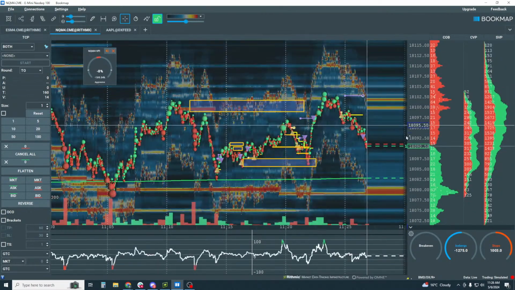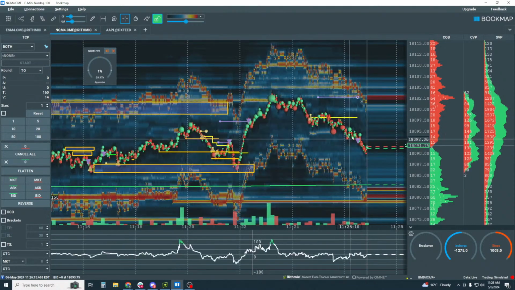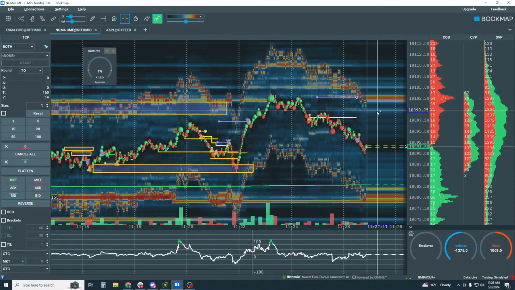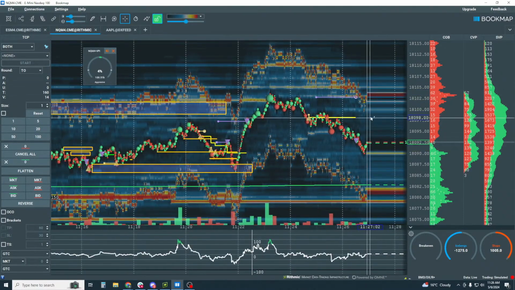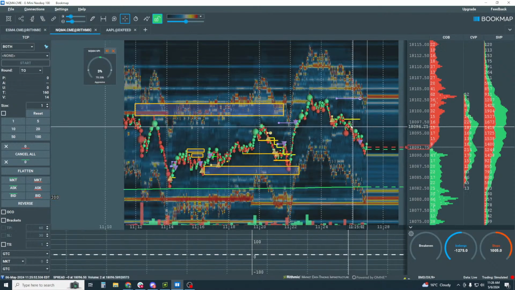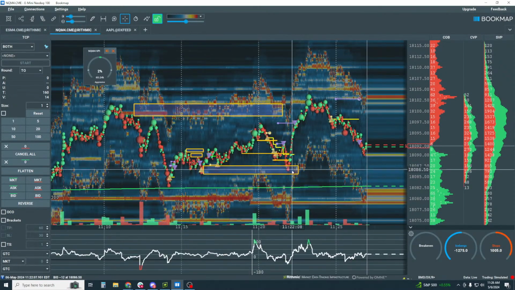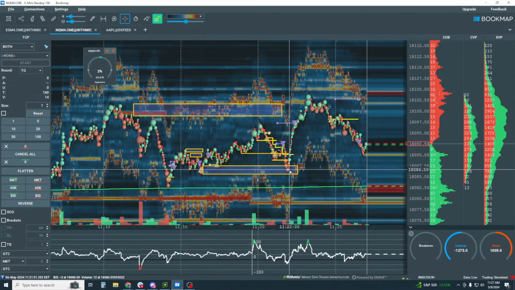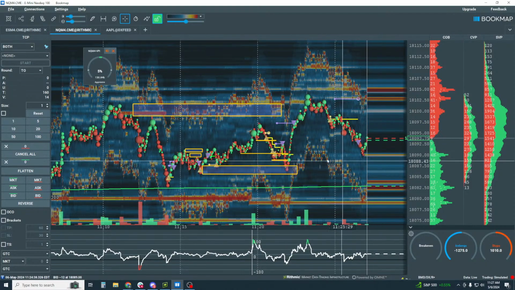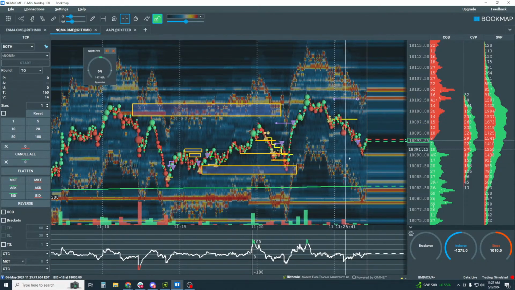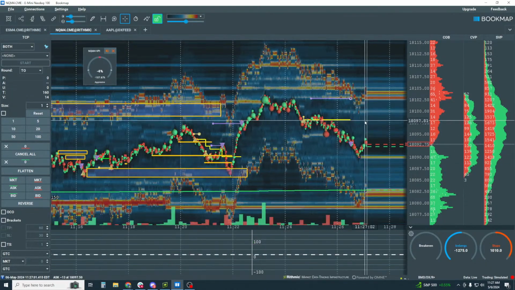Okay, so we can look again for another one. Now, again, I'm not advocating trading. This is not a trade strategy. At this point, it is just understanding ranges, and then we're starting to understand how to get a feel for rejection, also absorption.